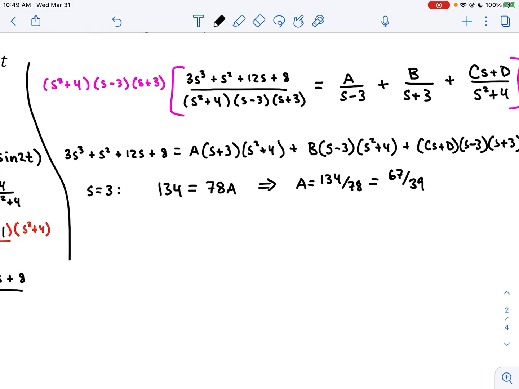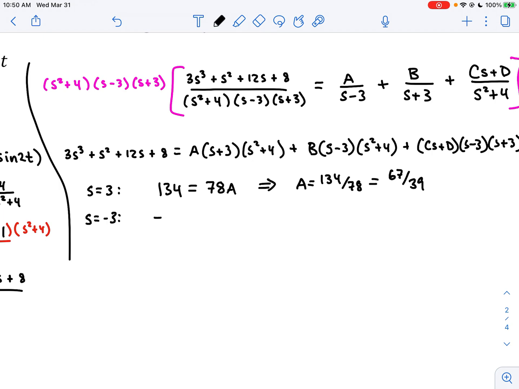Okay, let's now use s equals negative 3. Plugging in negative 3, this will be negative 81 plus 9. That takes us down to negative 72. Yes, negative 72 plus 8, negative 64, but then minus 36.